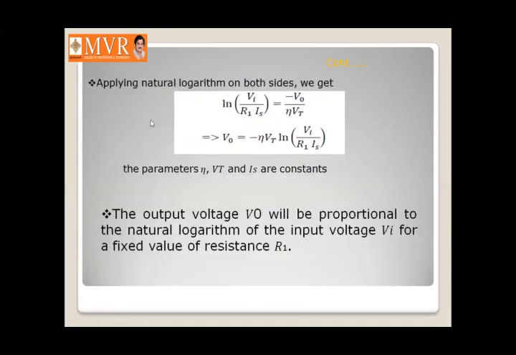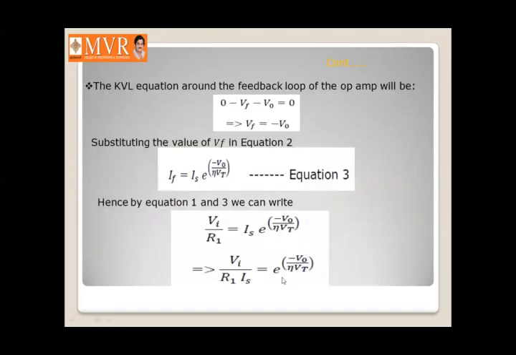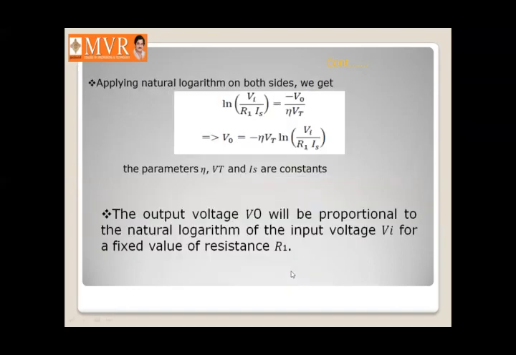By applying the natural logarithm on both sides, the natural logarithm of this term is equal to the natural logarithm of this exponential term, and the e power is cancelled by the natural logarithm, and we get minus V naught by eta Vt.